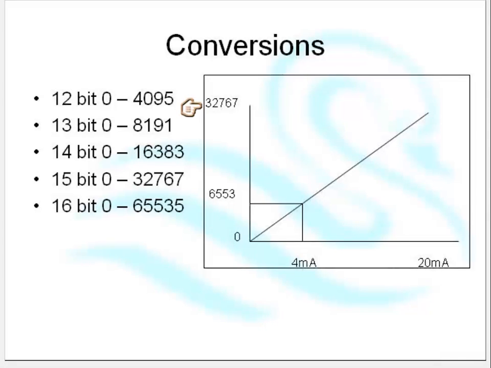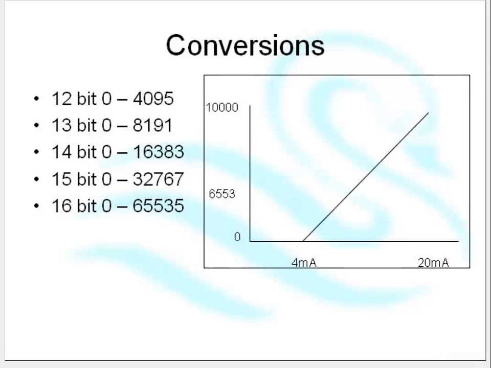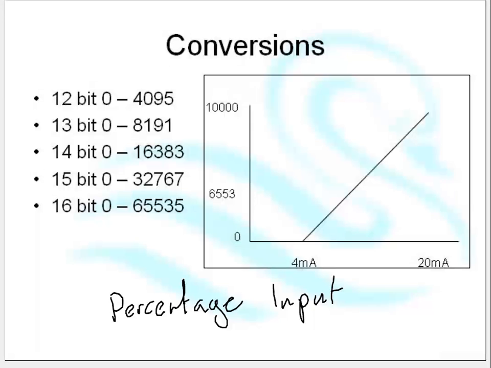Whenever we can, instead of setting up the ADC input to be raw counts, which is what it is at the moment, we set the ADC input up to be percentage. So we set it up as a percentage input.